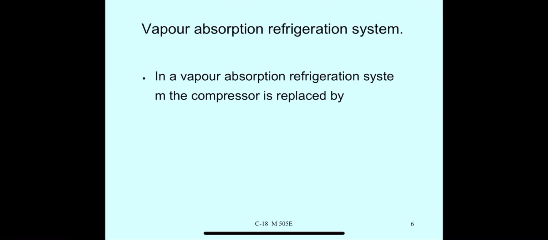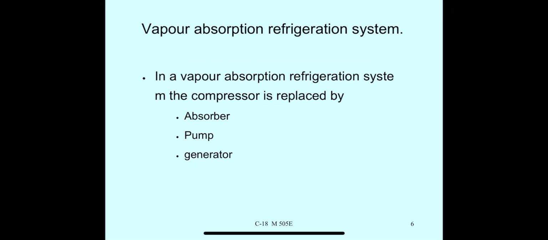In the vapor compression refrigeration system, we use mechanical energy, like a compressor. But here there is no compressor; we use heat energy. In the vapor absorption refrigeration system, the compressor is replaced by absorber, pump and generator.